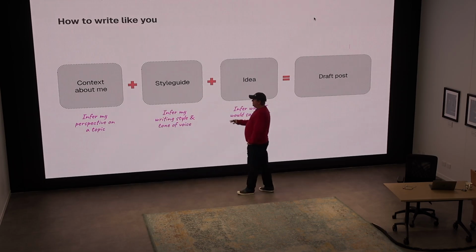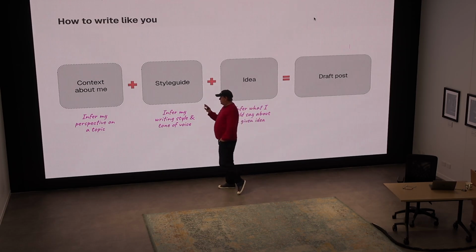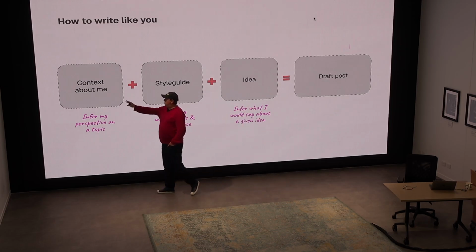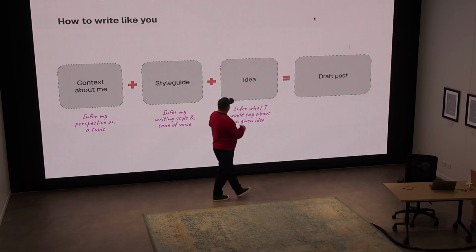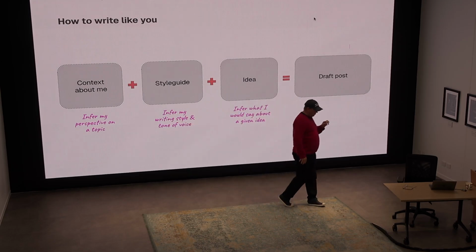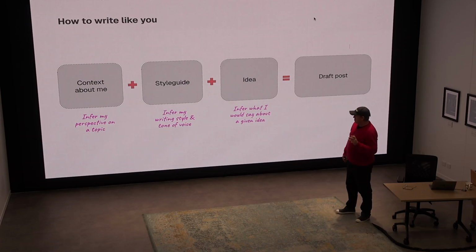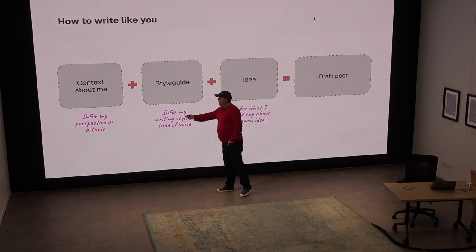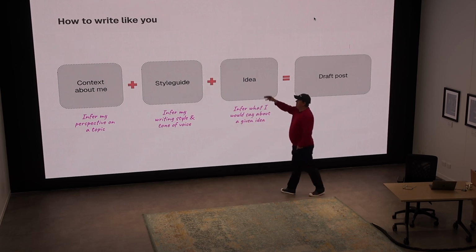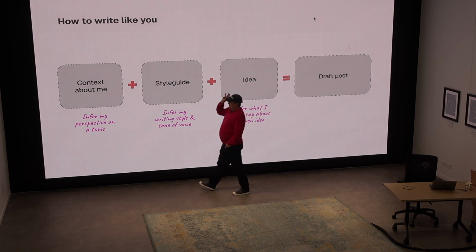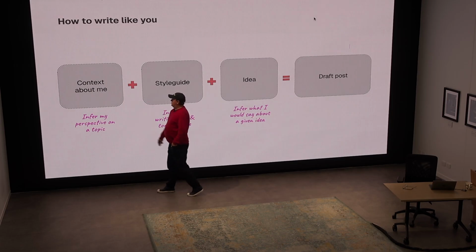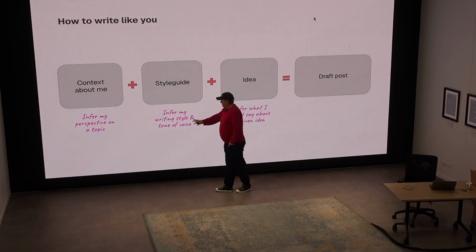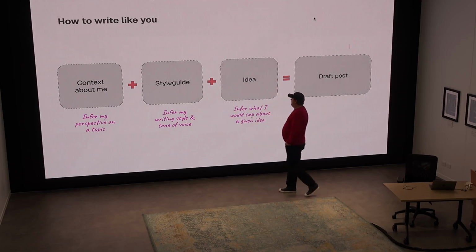The second thing you need to infer is my writing style. If you can infer my take on a podcast I just watched or a new product launch, but then you write it like an American, then you're not writing like me. So one, infer my perspective on topics. Two, infer the style, the tone of voice, and the way that I write.